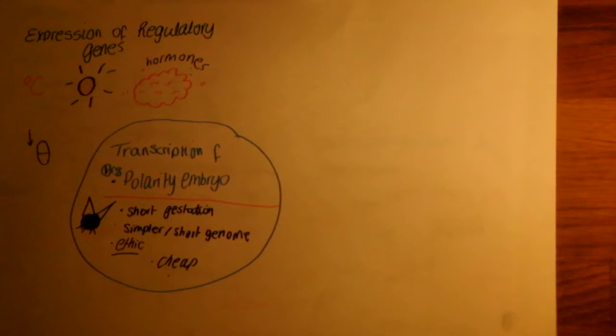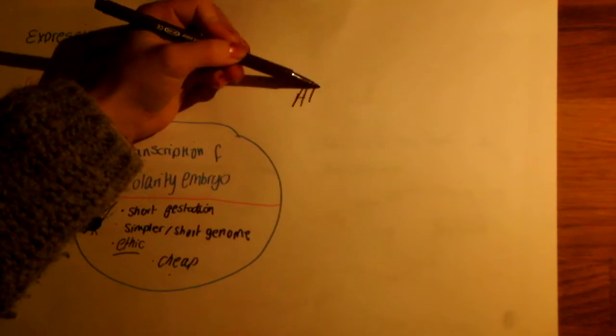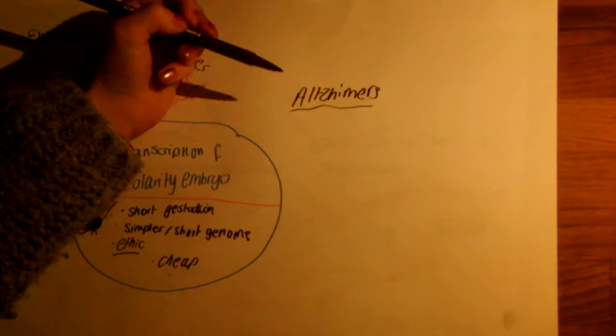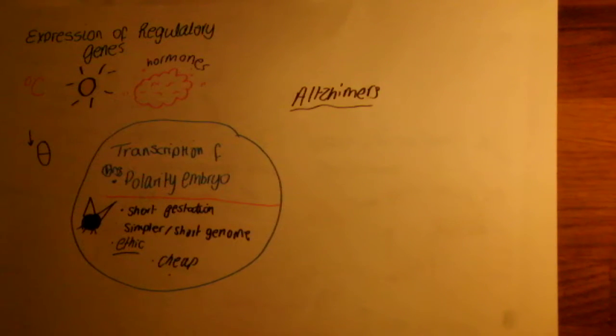So if we just go on quickly to a bit of Alzheimer's. Alzheimer's disease impacts a lot of people. Basically, within the DNA, after the transcription, producing exons with a cap and a tail, there is splicing, which takes away the introns from the RNA to produce mature RNA or mRNA.